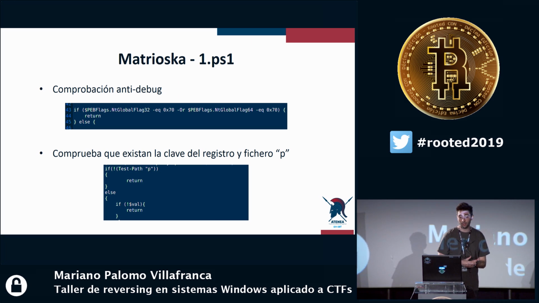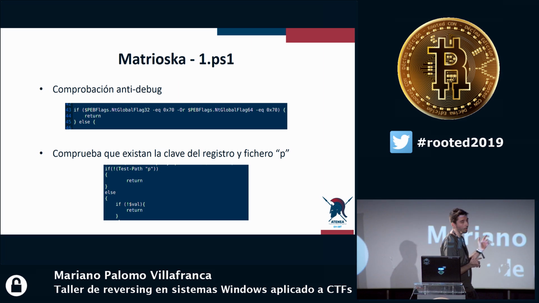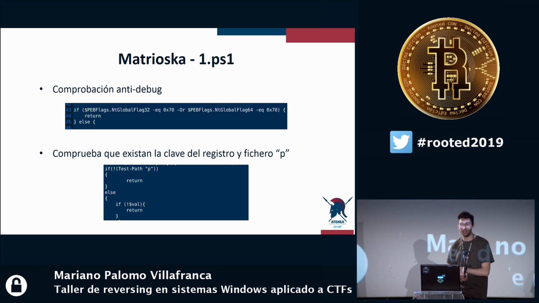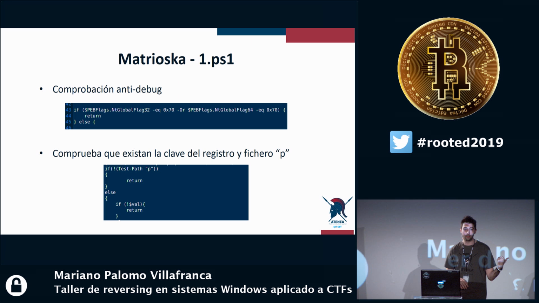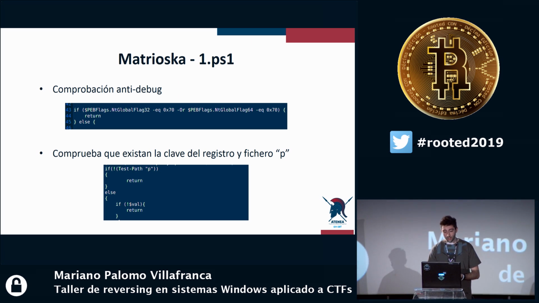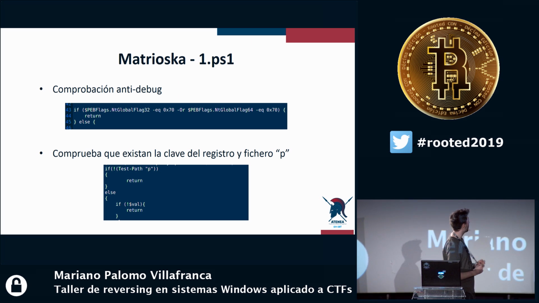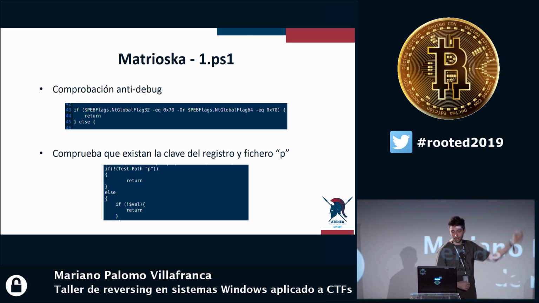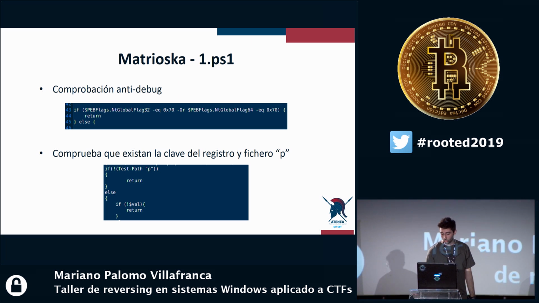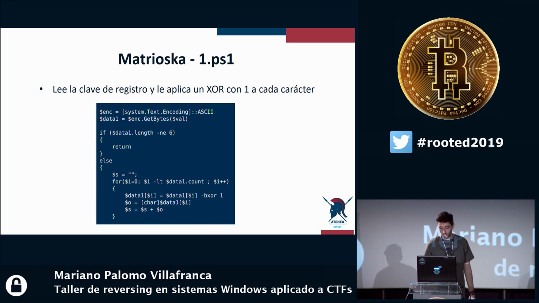After this, it checks that we have the registry key, which were the 6 characters that the other binary had written down. It checks that this exists, and if it doesn't, it would equally end, and it stores it in a variable. And it checks that the P file exists, the one that the binary had written, and that we thought was an image.